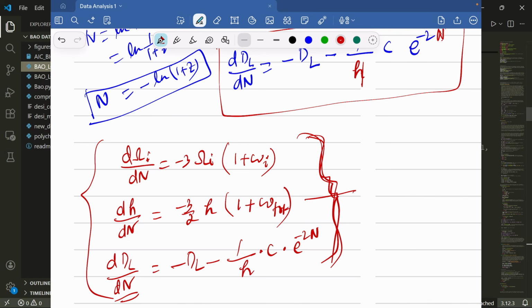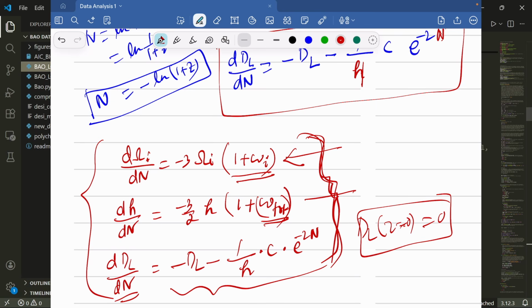Once it solves this one, it knows how this omega total can be obtained from here. Once it knows what your h is, it will take the initial condition over here. Now what is the initial condition for dl? dl at z equal to 0 remains 0. It is actually going from 0 to 0.1, 0.0001, and so on. At 0 it becomes simply 0.